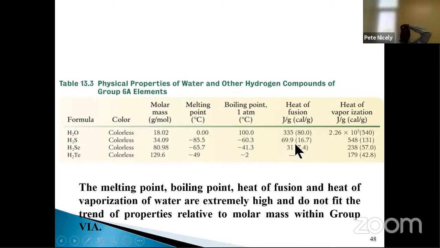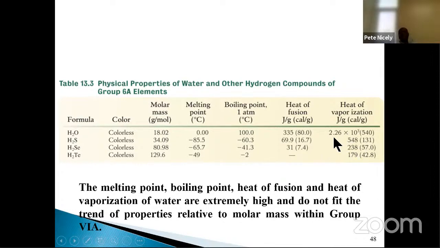So if you look at the heat of fusion here, for water, it is 335, as we said before. But when you compare that to hydrogen sulfide, you see that hydrogen sulfide is 69.9. And in the case of hydrogen selenide, it's 31, joules per gram. And you see a similar trend in the case of the heat of vaporization of water compared to the others.